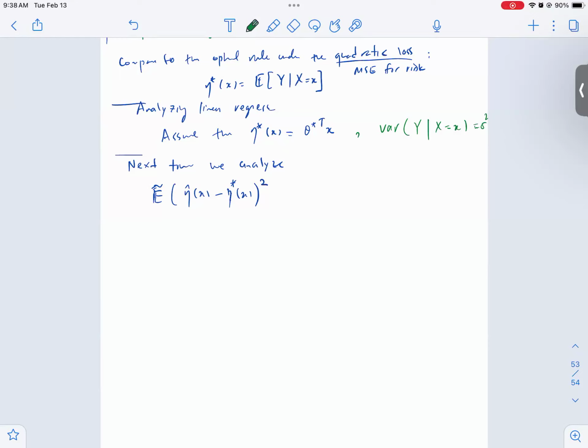Given these two assumptions, we showed that this is basically sigma squared x transpose X inverse x.